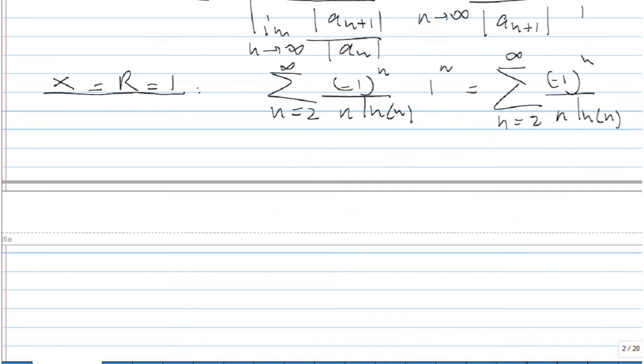Since we're looking at the interval of convergence, there is no need to waste time looking at absolute convergence when x equals r.